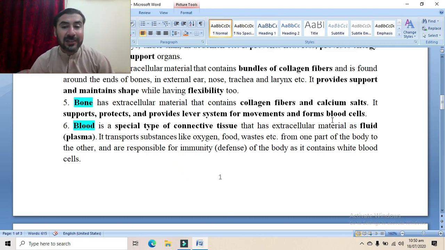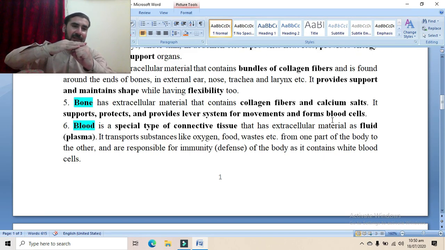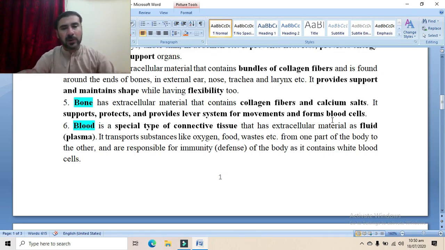Similarly, it provides levers for the various movements of the body. Now remember, movement is produced by two things. Number one, muscles. And muscles are attached to the hard structures, the bones. So these bones play the role of levers, and the muscles contract and relax. As a result, various movements are produced in our body.